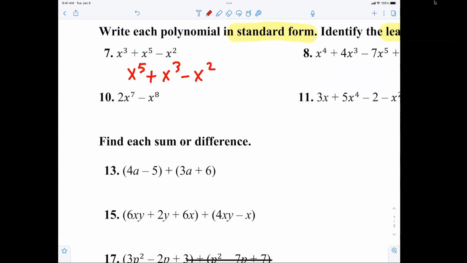Mathematicians want to stay consistent. And Evan, the constant is always written last. A constant is just a number that doesn't have a variable. That's another rule. The constant is at the end. Now, the leading coefficient, what's the number in front here?